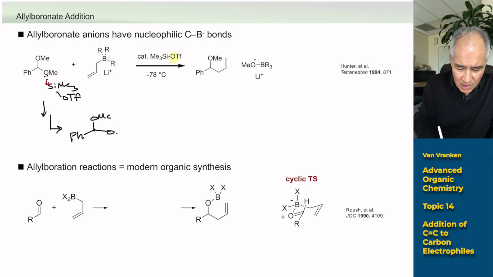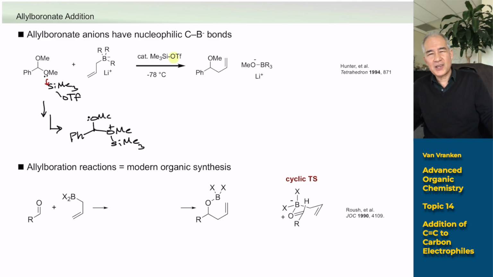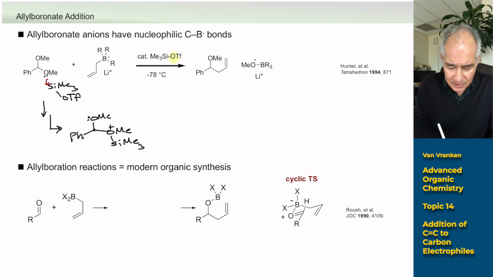And so now that turns one of these methoxy groups into an oxonium. And it's got this really great-looking silicon-oxygen bond there. And the lone pairs on this other oxygen were just waiting for a chance to push out its neighbor. So very easy for the other lone pair on the other oxygen to push out this trimethylsilyl ether as a byproduct in the reaction.